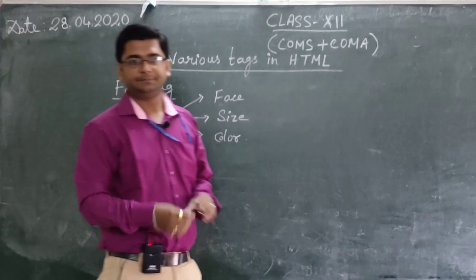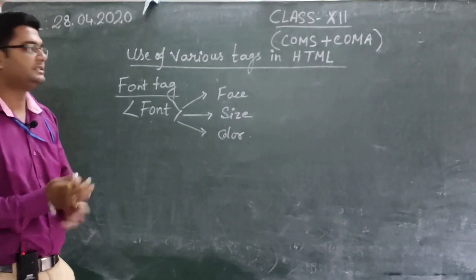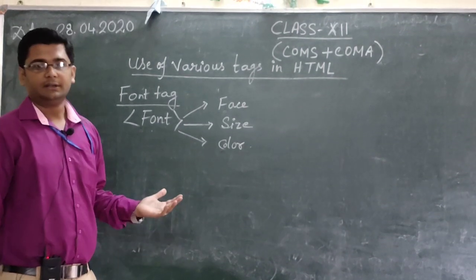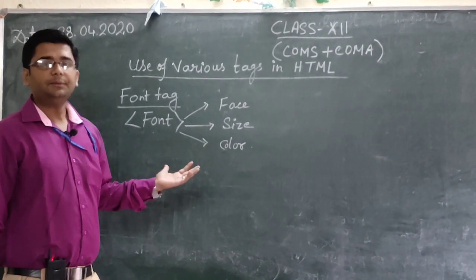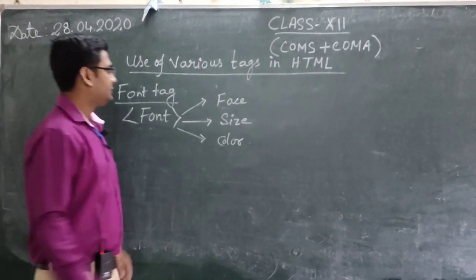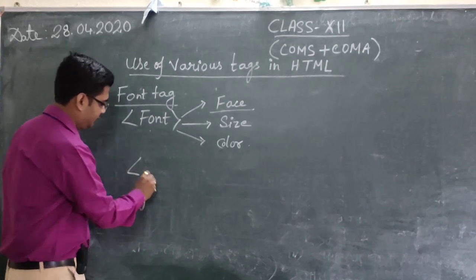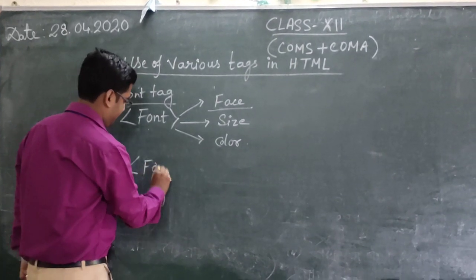So what are attributes? Attributes are the special keywords within the tags which instruct the web page how the text will be displayed in case of font tag. So first come to font face. See, when we write the coding, it will be like this.